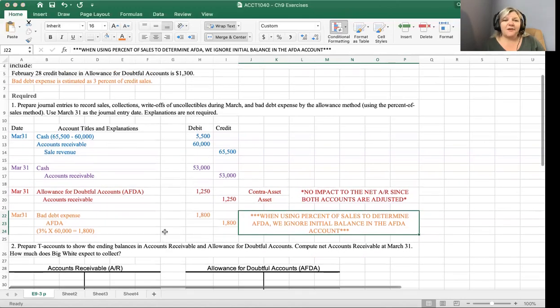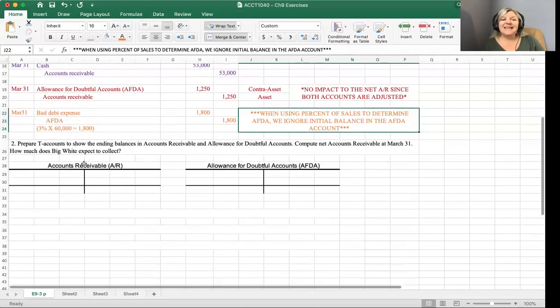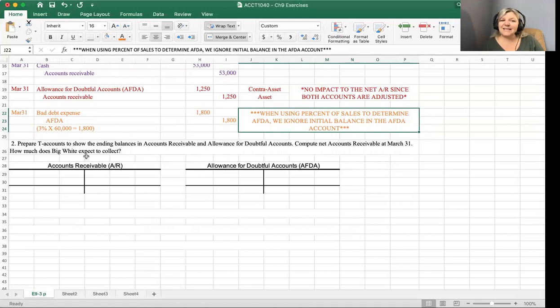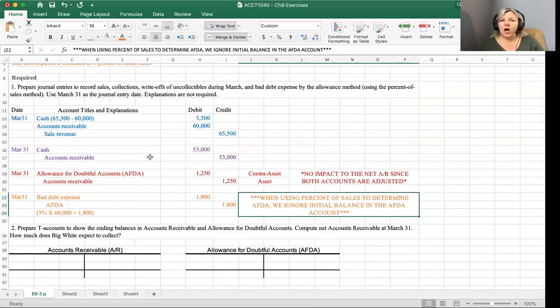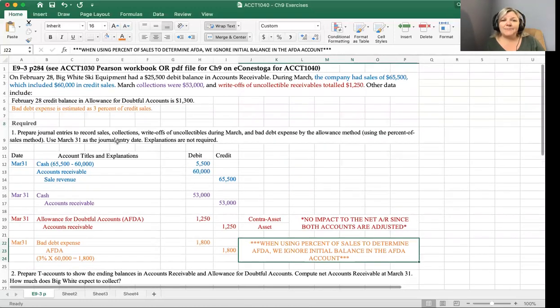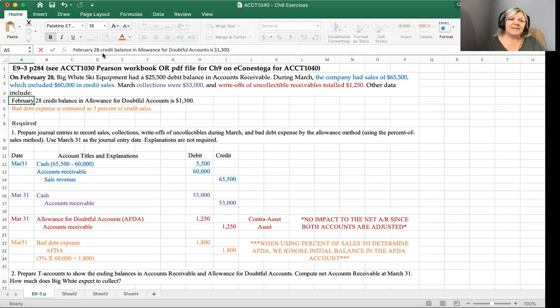Okay, so that takes care of our first requirement, which was the journal entries. Requirement number 2 is asking us to prepare T accounts to show the ending balances in allowance for doubtful accounts and accounts receivable. So remember, both of these accounts are balance sheet accounts, which means they're permanent, which means we don't start from zero the way we do with our income statement accounts. So going back up to our given information, this is where the February 28th amounts come into play.